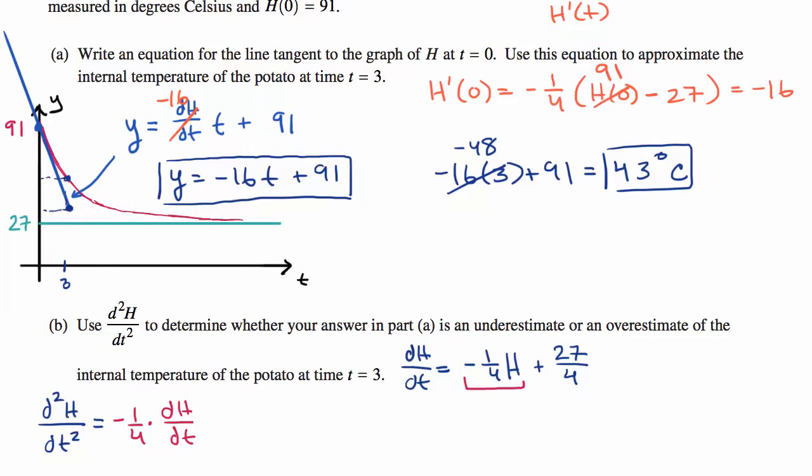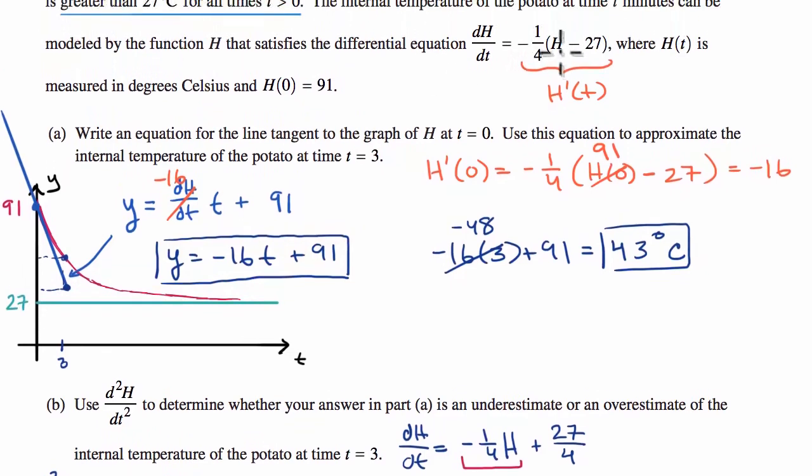And so when you look at this expression here for dh dt, we talked in the previous video how this is always going to be negative here, because h is always going to be greater than 27, so that part's going to be positive, but then we're going to multiply it by a negative 1/4. So our slope, dh dt, our derivative of our temperature with respect to time, is always going to be negative.